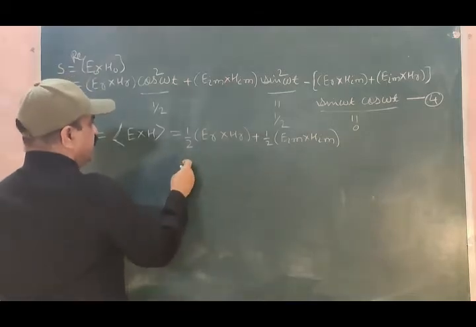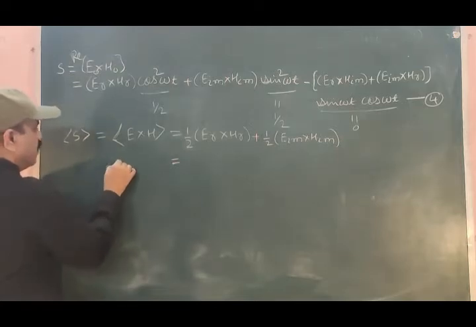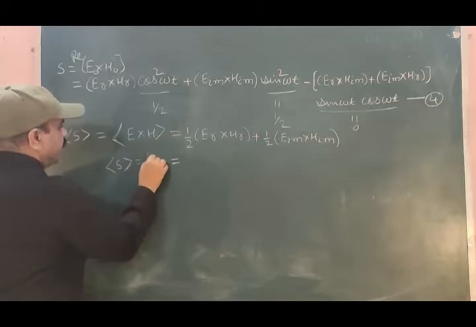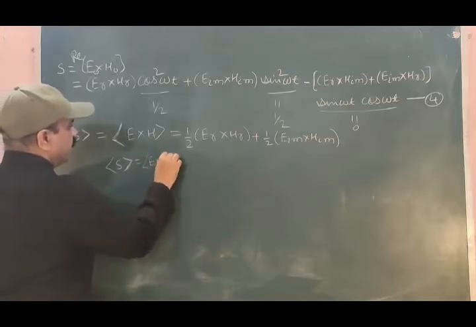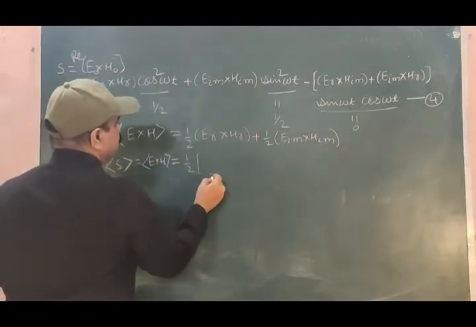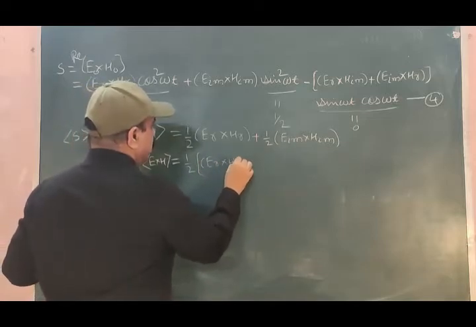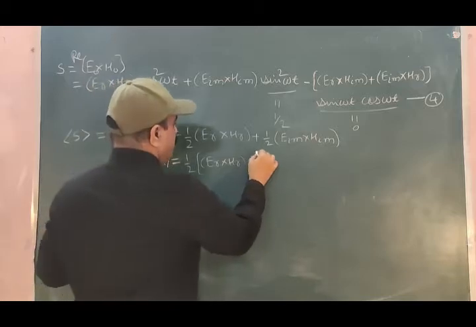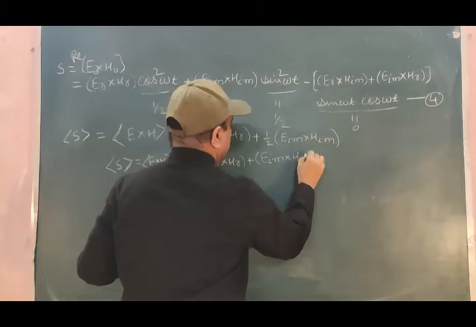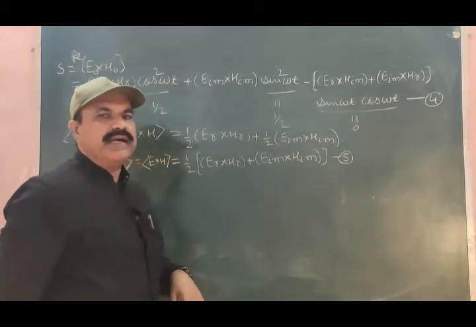If this 1 by 2 is taken common, the equation for the time average of the Poynting vector will be 1 by 2 into ER cross HR plus EIM cross HIM, equation number 5.